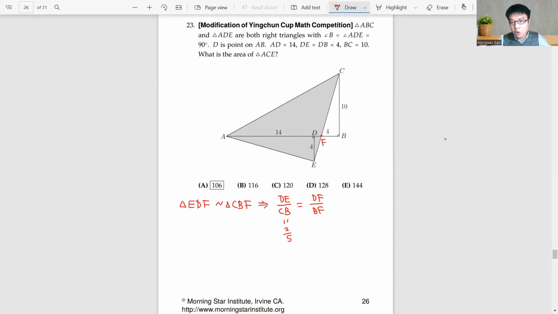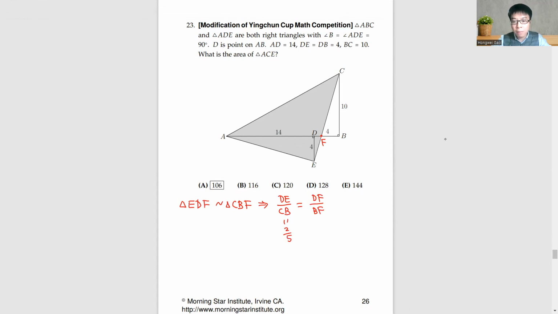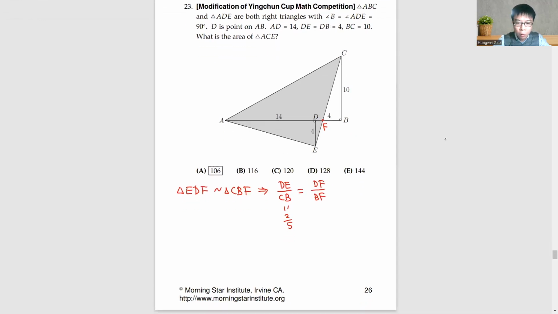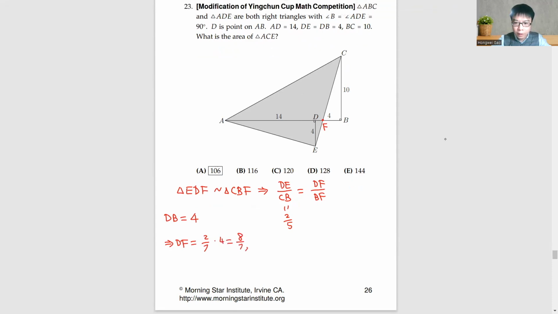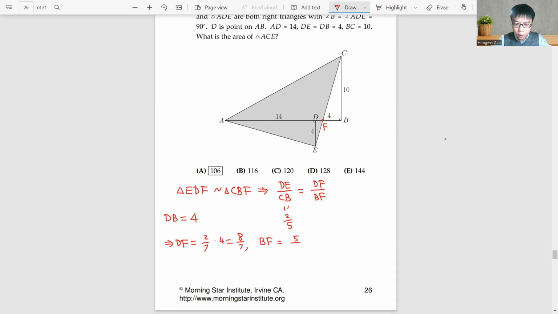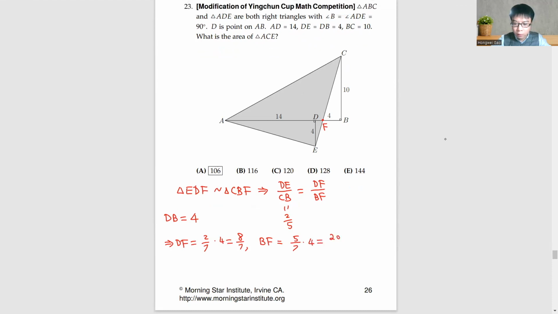And accordingly, we can solve DF and BF because DB is given, that is 4. So that implies DF equals 2 over 7 times 4, which is 8 over 7. And BF is 5 over 7 times 4, which is 20 over 7.